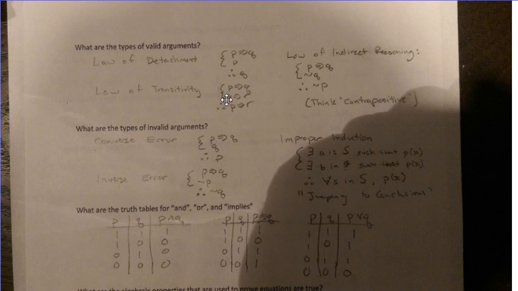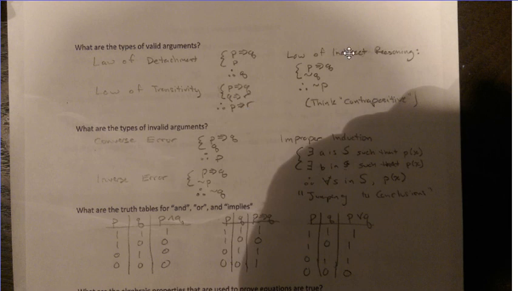If their record is 2-3, then they will be one game closer to 500. Therefore, if the Ravens win on Sunday, then they will be one game closer to 500. So this would be a true statement.